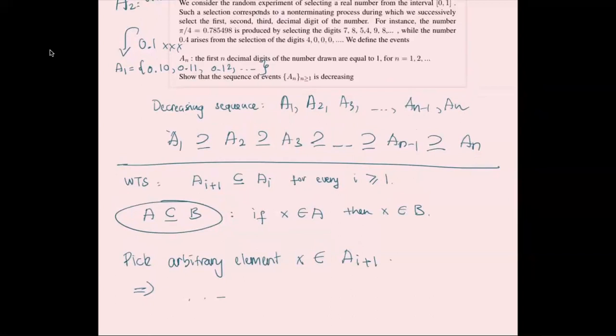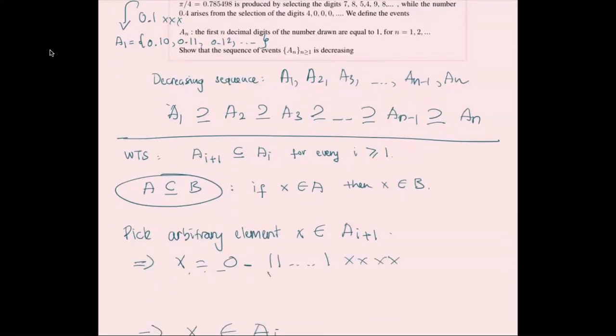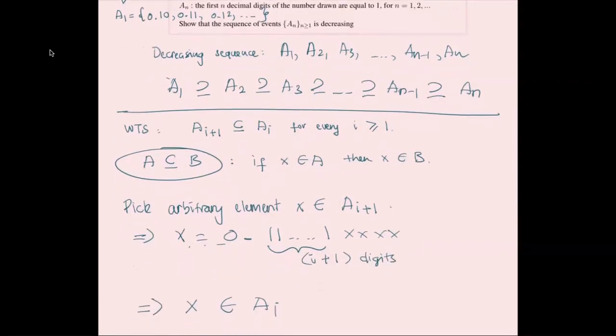So if x is in Ai plus 1, what does it mean? Ai plus 1, by this definition, means that the first i plus 1 decimal digits are equal to 1. So x would be equal to 0.11...1, and then something after that. I don't really care. But this has the first i plus 1 digits equal to 1, right?